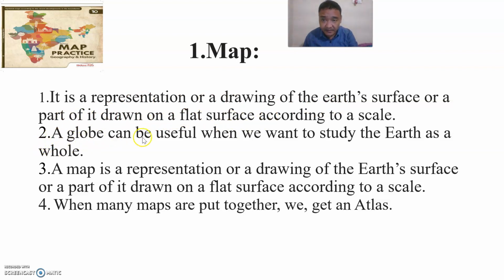Second, a globe can be useful when we want to study the Earth as a whole. Third, a map is a representation or drawing of the Earth's surface or a part of it drawn on a flat surface according to scale. Fourth, when many maps are put together, we get an atlas. Okay, atlas.